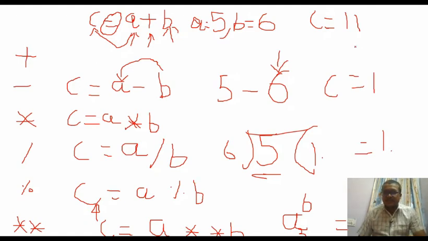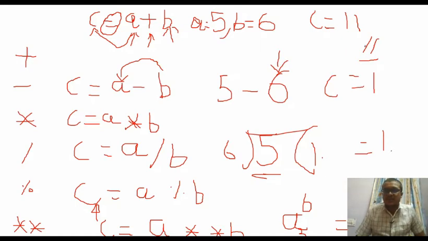So that is power multiplication. The next operator is floor division. Division is a normal division, but here you have double backslashes, and it is called floor division.